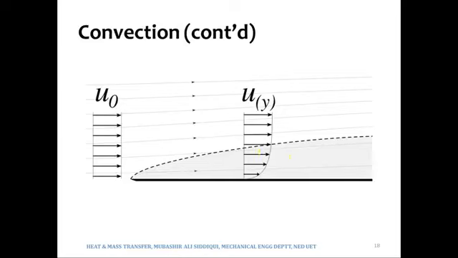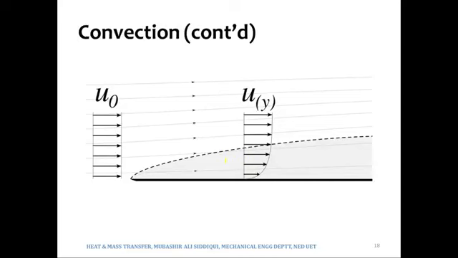And what will happen is that when the fluid comes over this surface, it will get heated up. The fluid is constantly in motion, so it will be pushed further downstream by the upstream fluid. This upstream fluid will take its place and then get heated up, and then be pushed downstream, and the fluid will keep on replacing.